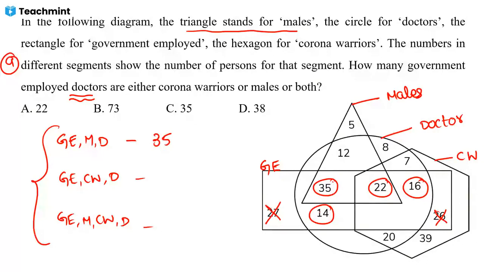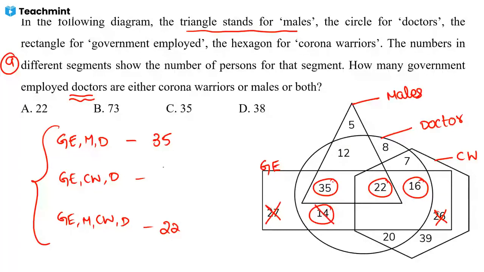What about this 14? Is it useful for us or not? Government employed, doctor, but not belonging to corona warriors, not belonging to male. So this 14 is not counted now. What about 22? Government employed, doctor, male, all is 22. What about that 16, to be counted or not? We have to decide.